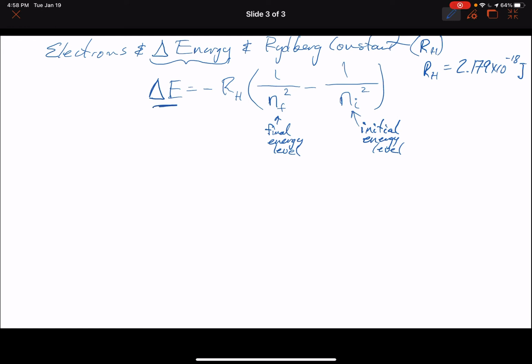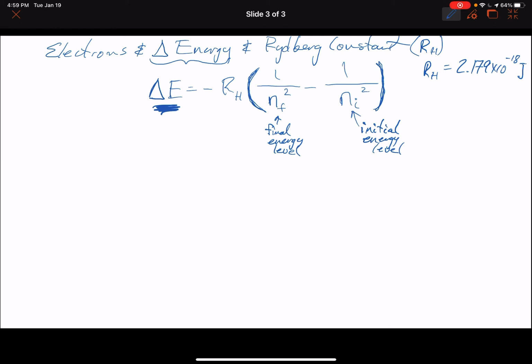We're expecting energy units to be in joules. Everything in the parentheses is unitless. This is simply numbers describing where the electron started and ended up. So these are unitless, kind of address type information. And so the Rydberg constant finally gives us energy units of joules, as we expect.